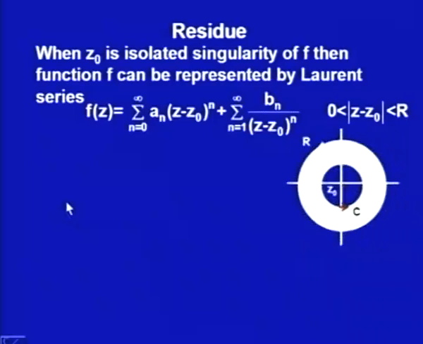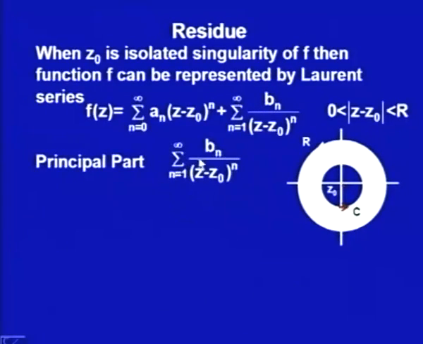This is the disk, and the principal part is the summation of b_n upon (z minus z naught) to the power n, and from this principal part we have identified the isolated singularities.